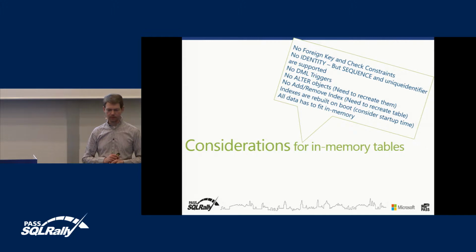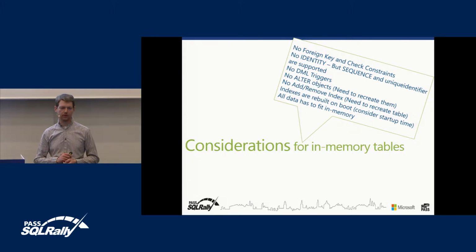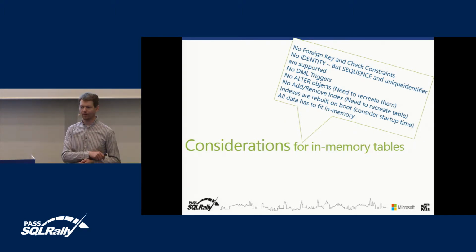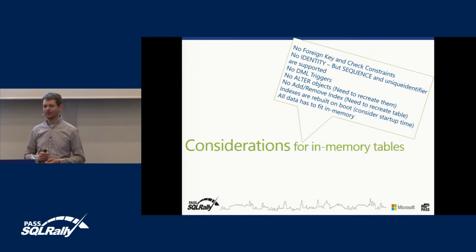The most cumbersome thing about working with memory optimized tables is the lack of the alter statement. You can't alter any objects. You have to drop and recreate them. And that means if you have to alter an index, you have to drop and recreate the table. So bear that in mind and get it right the first time, or have somewhere where you can park your data.